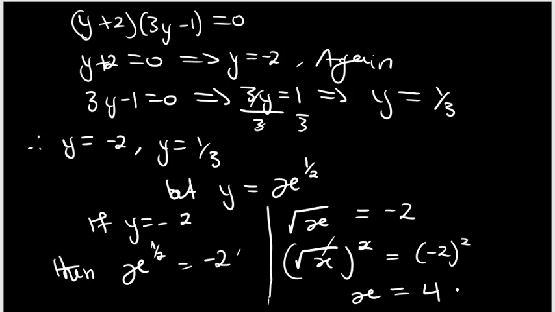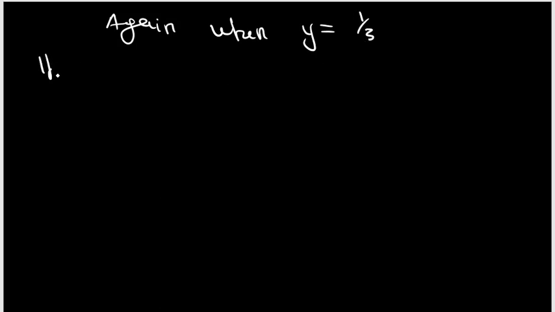So we take the other value for the y, that is y being equal to 1 over 3. Again, when y is equal to 1 over 3, then x exponent 1 over 2 is equal to 1 over 3. So the same thing, if we want to get rid of the exponent 1 over 2, we square both sides.